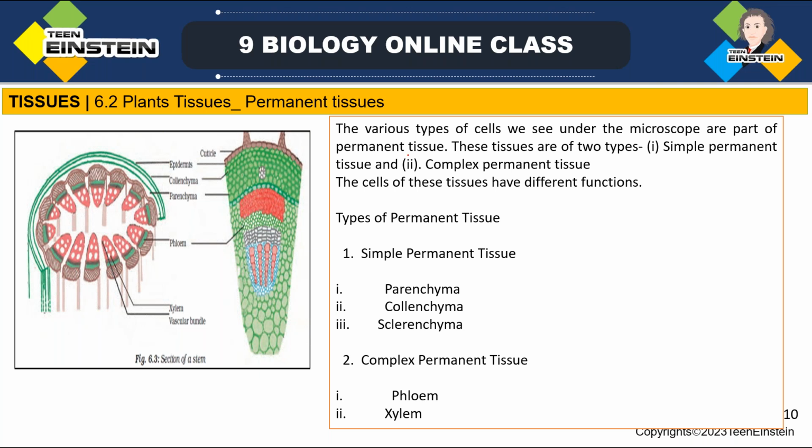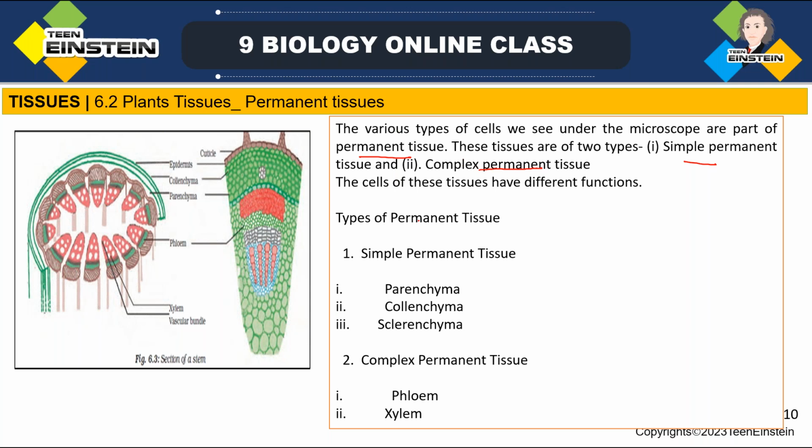Next, when you're watching under the microscope, you can see different types of cells, right? As a part of the permanent tissue, you can see different types of cells. So there are two types of permanent tissues. One is simple permanent tissue and another one is complex permanent tissue.